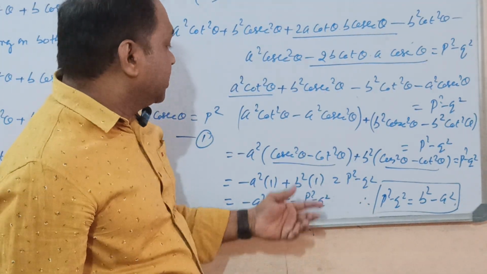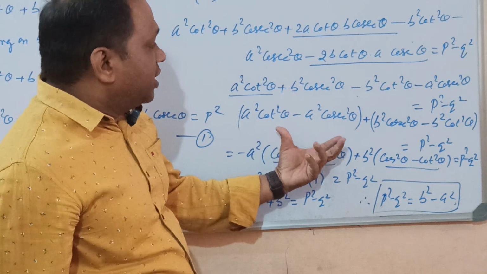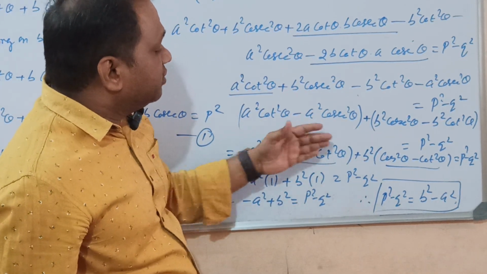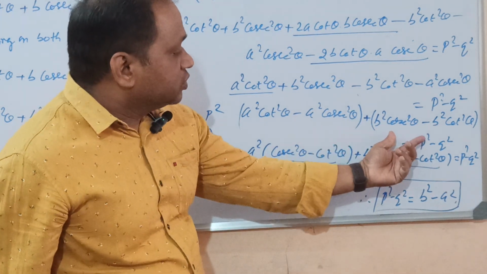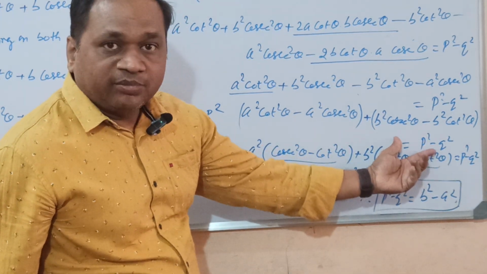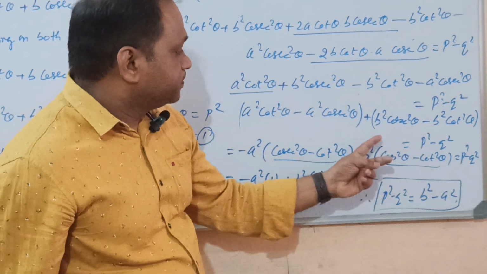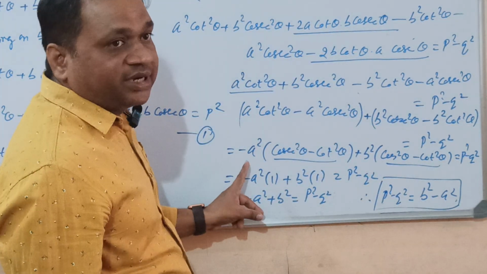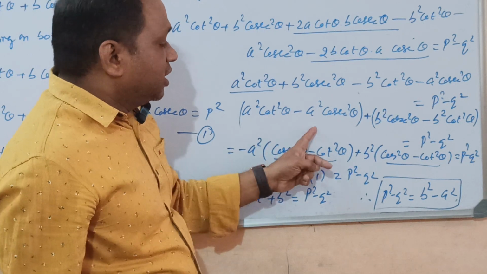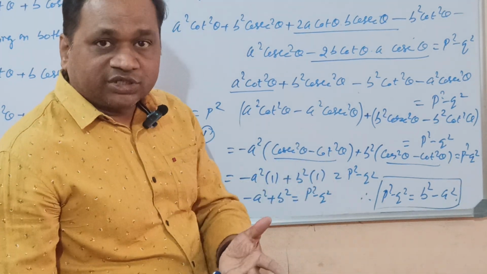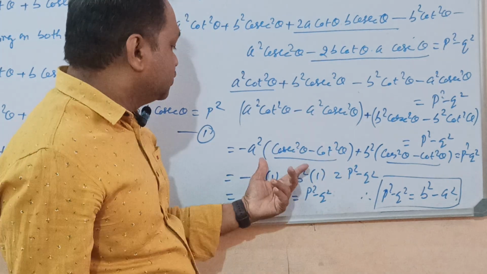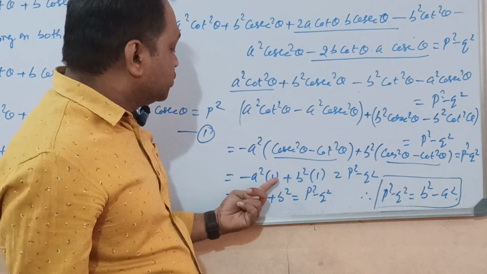So I will group these two things, the cosec square theta and cot square theta terms, into one group, and the b terms into another group. Here I will take a common minus a square. Why? Because we know the identity cosec square theta minus cot square theta is equal to 1 actually. So that's why I will take a minus over here.